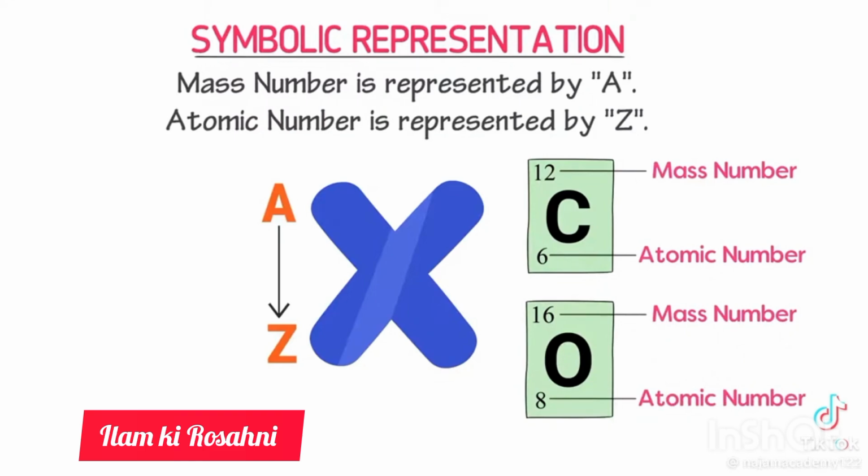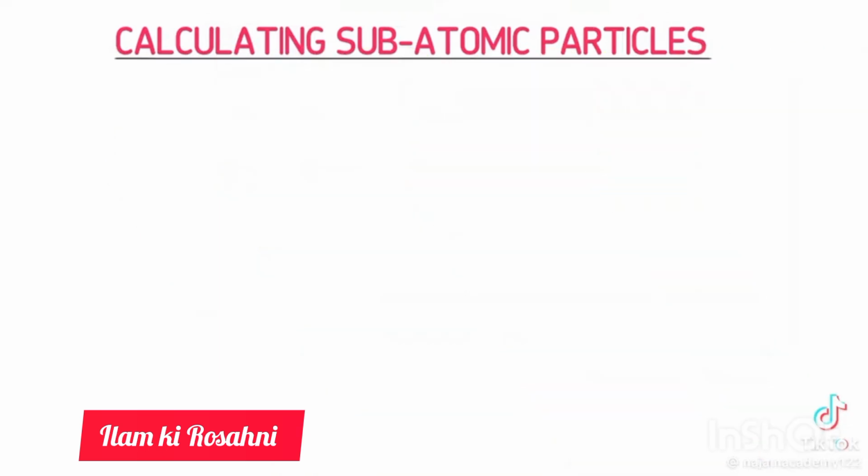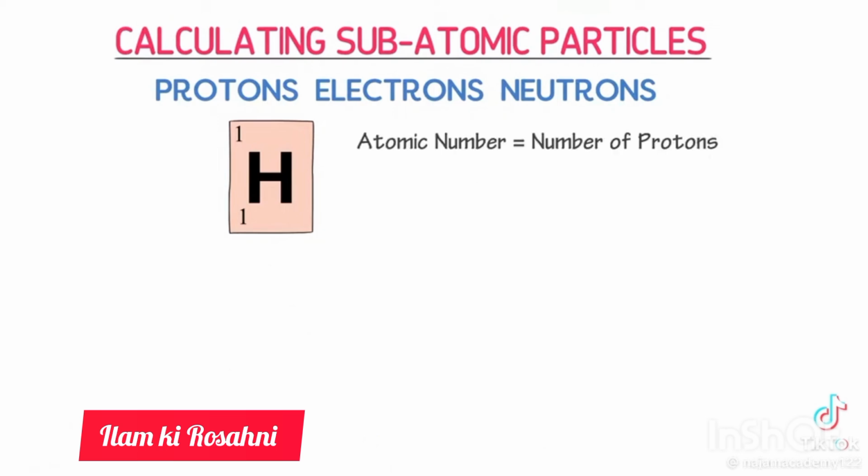Lastly, let me teach you how to calculate subatomic particles like proton, electron and neutron of a given atom. Consider hydrogen atom. We know that atomic number is equal to total number of protons present in an atom. Hence, there is only one proton in hydrogen atom.